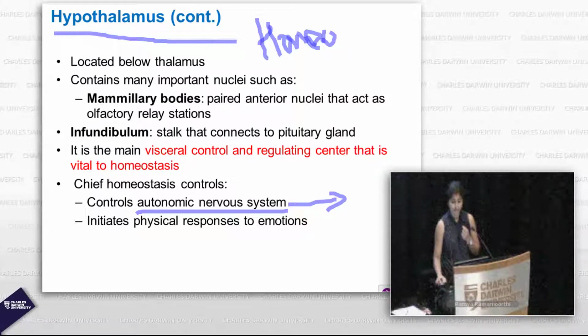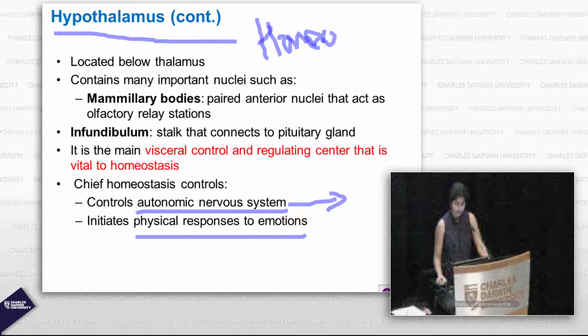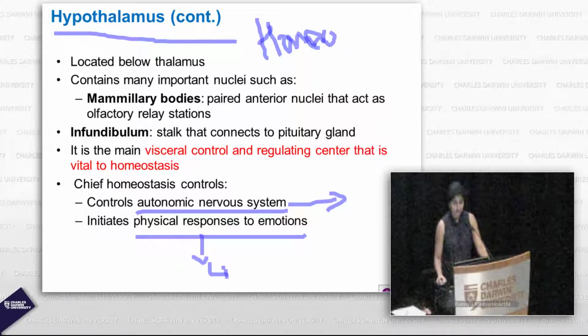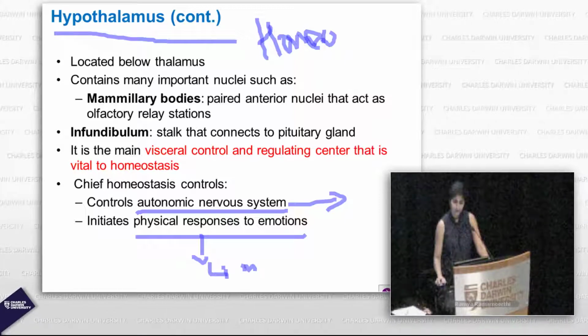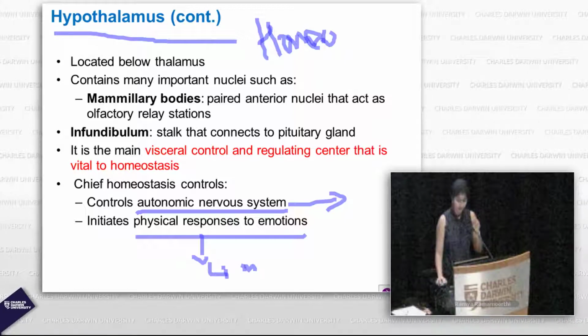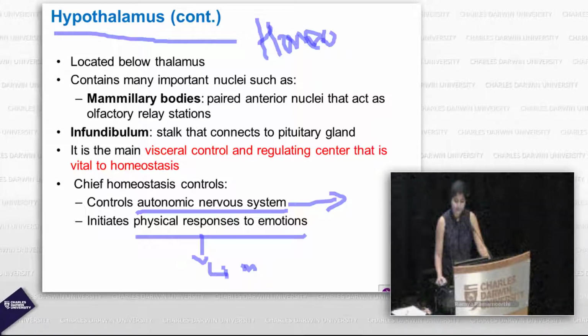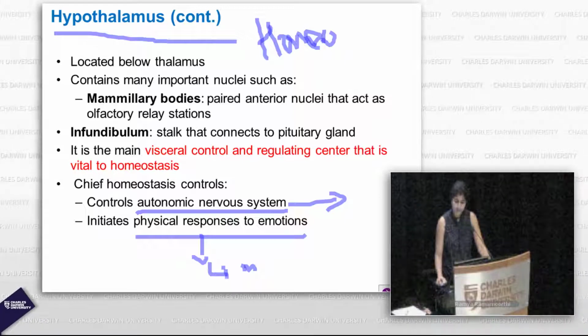It initiates physical responses to emotions. This is related to the limbic system, so we'll look at that a little later. Basically it controls your biological rhythm, sex drive, and all those functions.